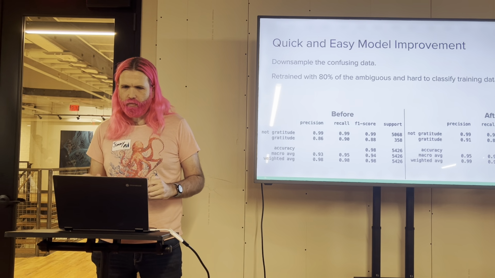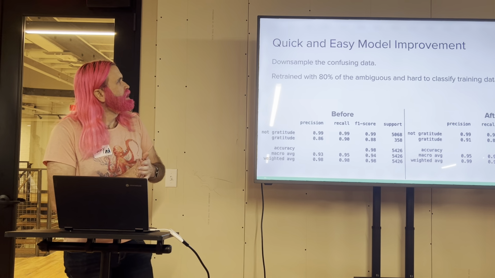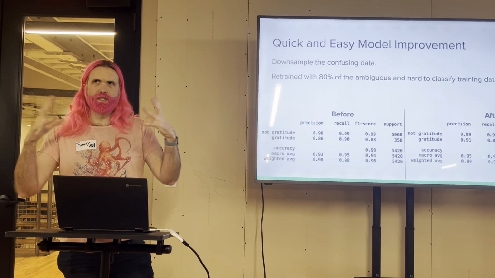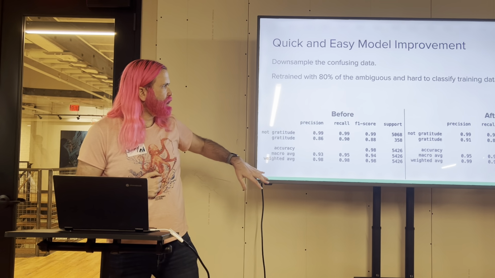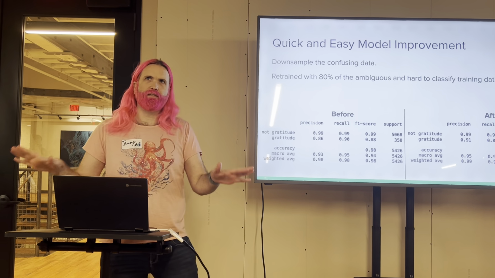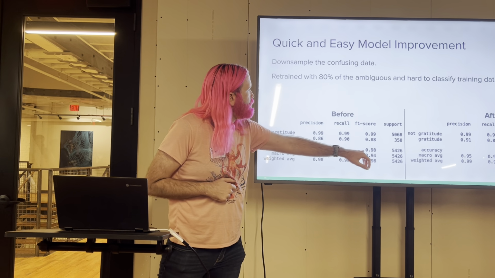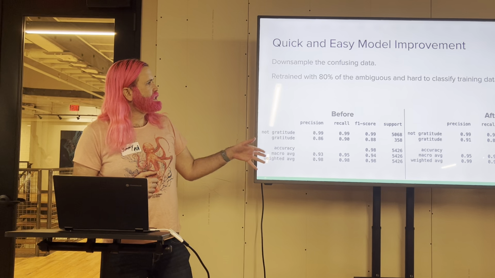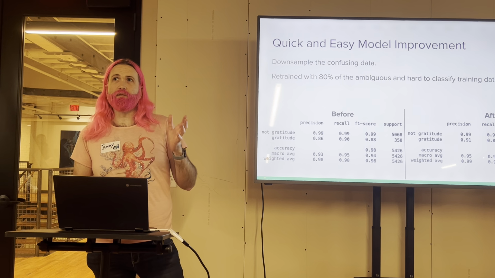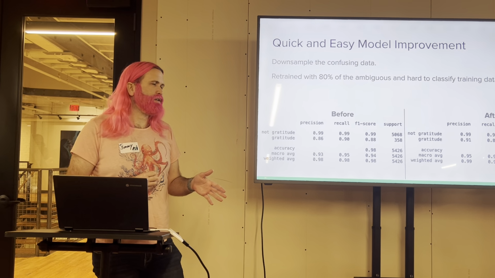Okay, as a quick hack, one thing you could do once you've done all of this is, let's say we take that model, here's the before score. We see it's already doing pretty well. For the sake of time, I'm just going to focus on the accuracy or the weighted average. They're going to be the same value here. What we see is that the model is already doing a pretty reasonably good job of identifying gratitude.